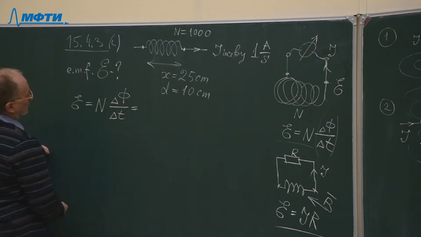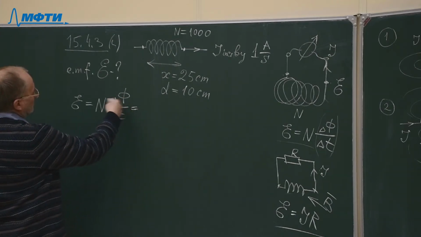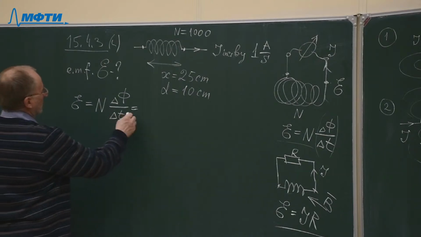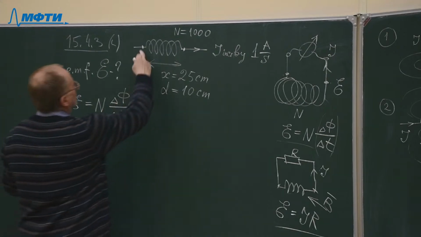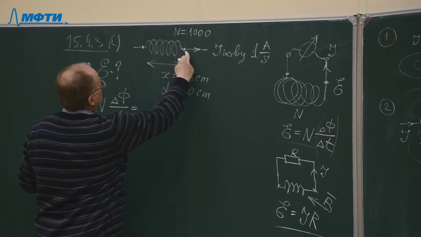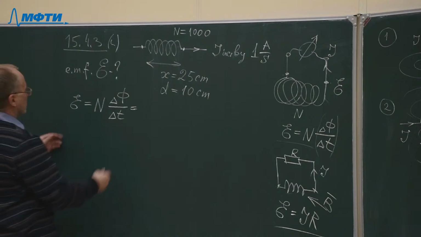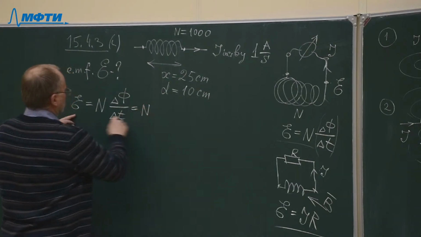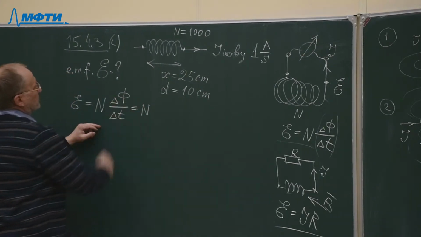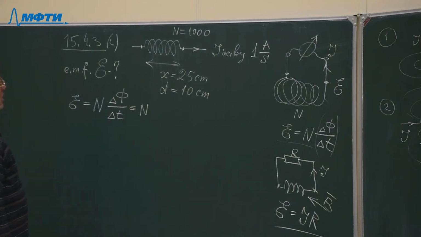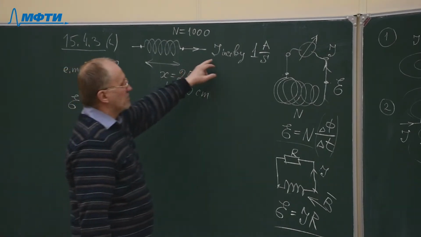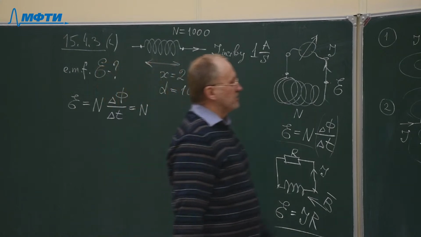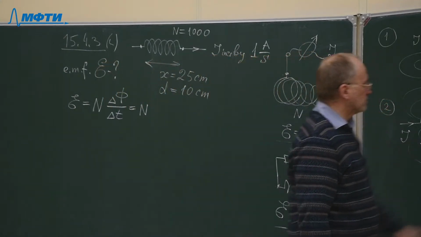Delta phi is non-zero, and so magnetic field flux is increasing with time, and we have to calculate the action of this magnetic field on the current, which is increasing in this particular case. So that will be the number of turns, and for delta phi we have to use the formula for the magnetic field created by the current. And the formula for the magnetic field created by the current is this one.